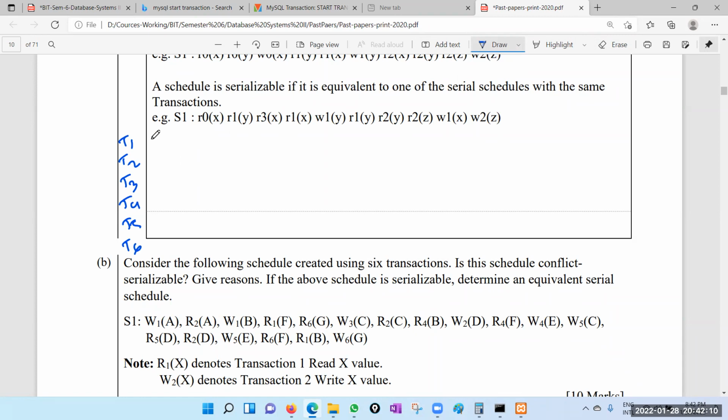Right, write 1A, write A. I will draw the T1 line. Read 2A, read A.